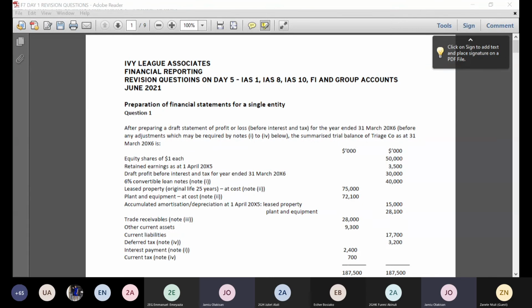IAS 8 specifically says, changing from cost model to revaluation model under IAS 16 PPE and under IAS 38 intangible asset is outside the scope of IAS 8. Did you hear that?